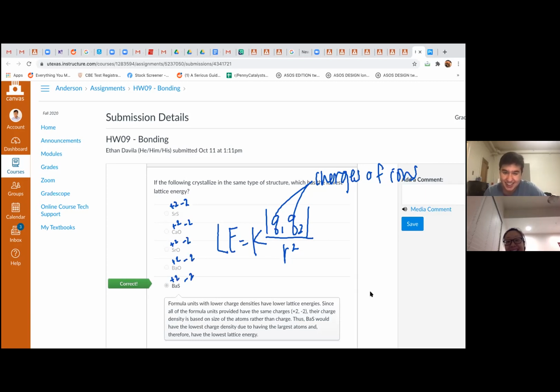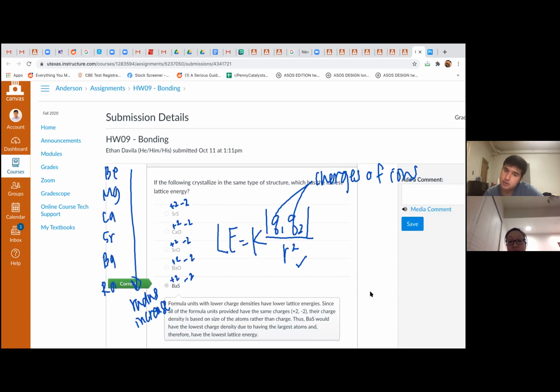And then you look at the one that has the smaller radius, okay? And remember, it increases radius as it goes down, right?